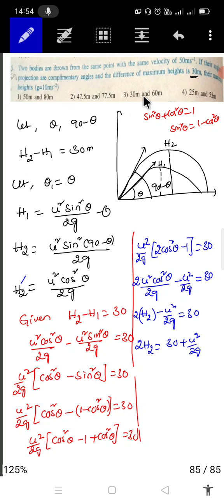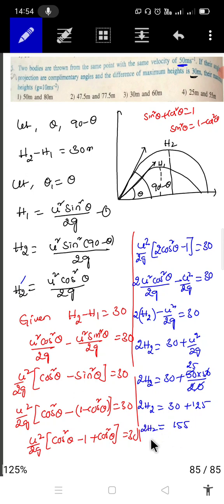With u equal to 50, 2h2 is equal to 30 plus 50 into 50 by 20, which is 30 plus 125, equal to 155.